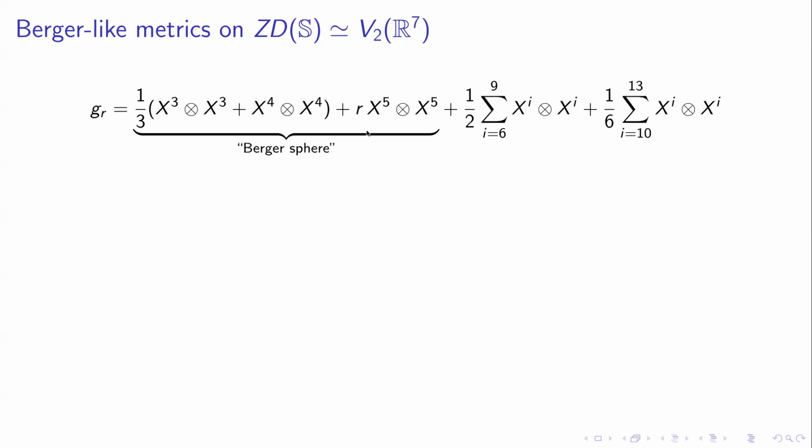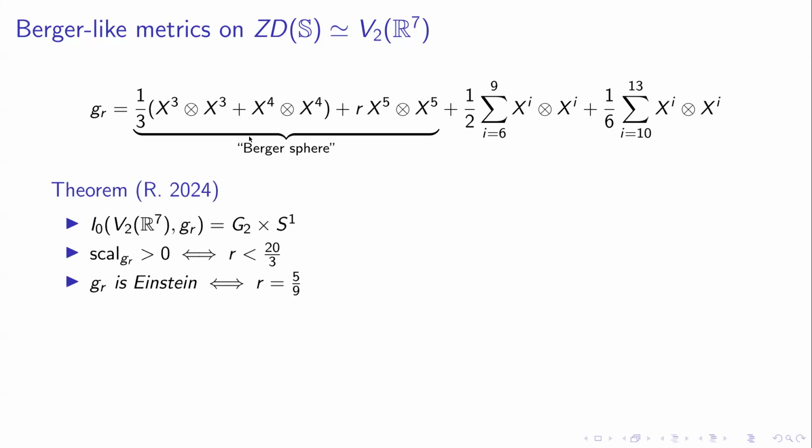We change the metric along a circle fibration with this parameter R. If you put, I think it was R equals 1/2, it is the usual metric on the Stiefel manifold, but we change along this direction. We call these Berger-like metrics because they resemble the Berger spheres.